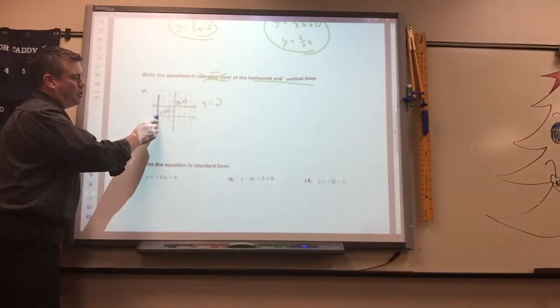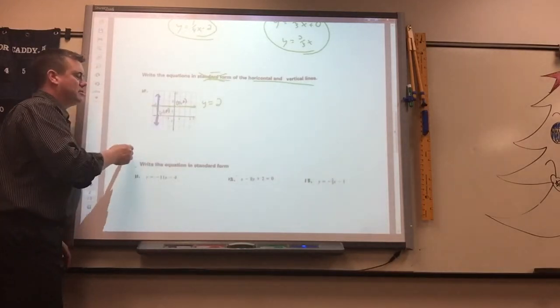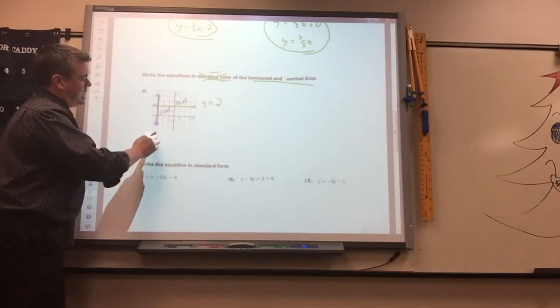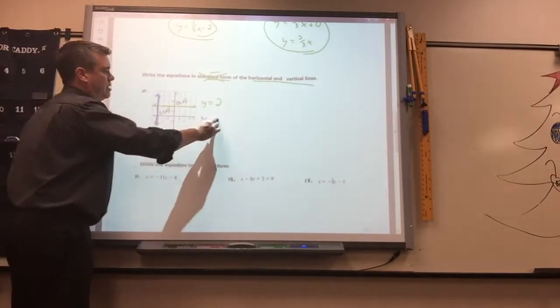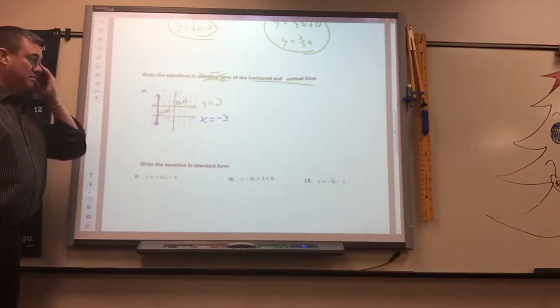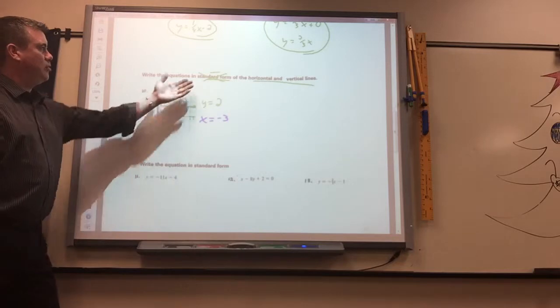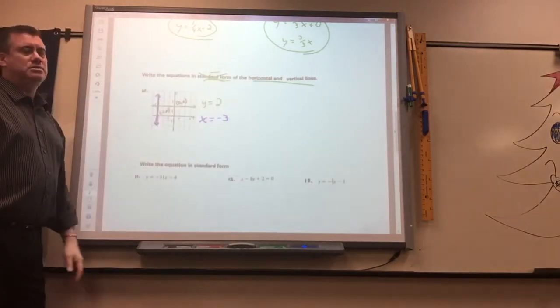That's why they give you the point so you can distinguish between a line and the axis. So this one crosses the x-axis at negative 3. So that's all it is when they're horizontal and vertical. So it really doesn't matter standard form or not. That's the only way you can write these kind of equations.